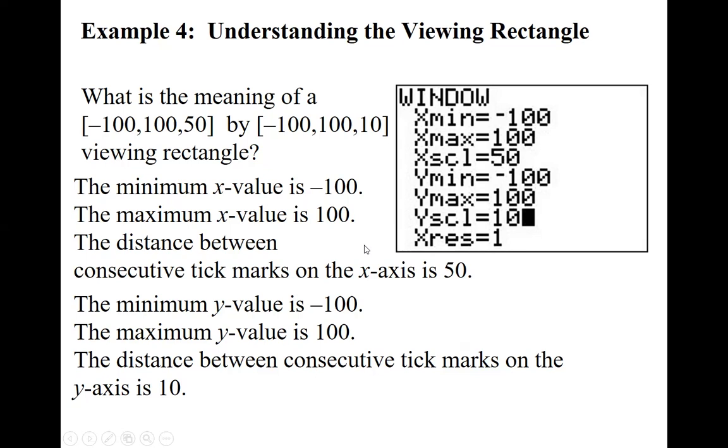So if you are using a graphing calculator to graph, just be aware that you can change the viewing rectangle. As you change the viewing rectangle, that's going to stretch and shrink and move in on different portions of the graph, depending on what the viewing rectangle is.